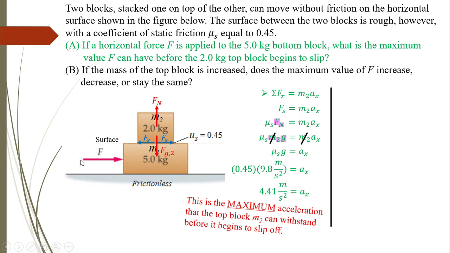You're pushing M1, but M2 sits on top of M1, so really you're pushing two masses. So I'm going to use Newton's second law again, except this time I'm going to set it up for the whole system. F here is pushing both M1 and M2. So for net force in the system, I'm simply going to replace sigma F system with F, because that is the only force that is present.